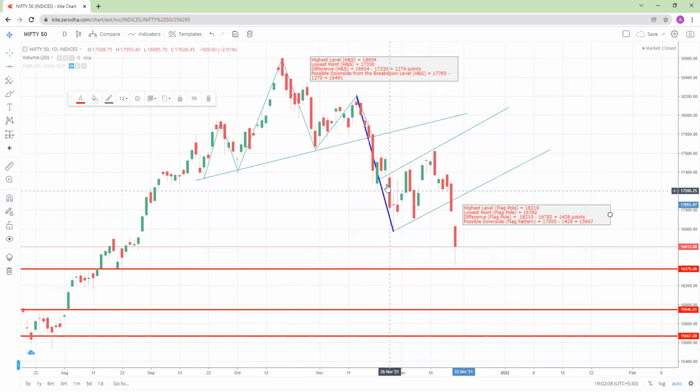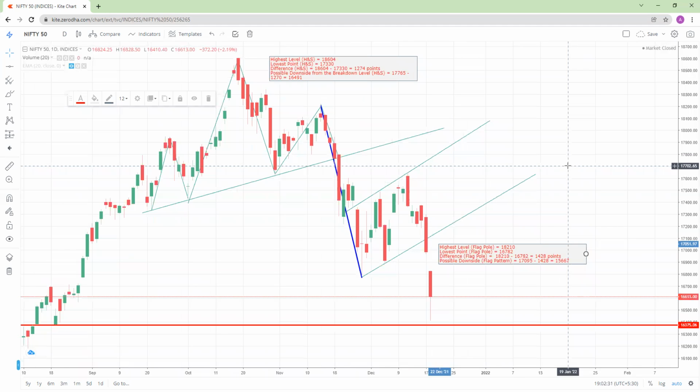You can see that Nifty 50 first touched this level of 16,782, went back upside, and then touched the high of 17,489. Then it came down, then went up again. So it was finding support here and resistance here. We connected these lines and formed an inverted flag pattern here.